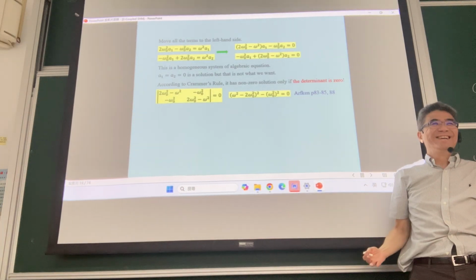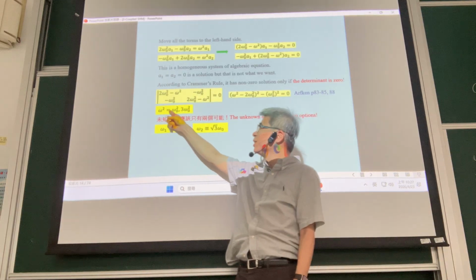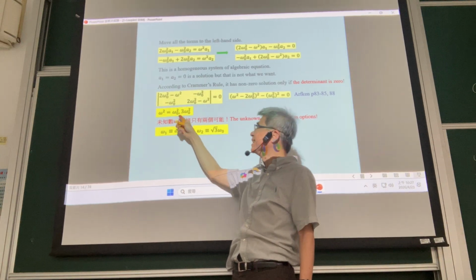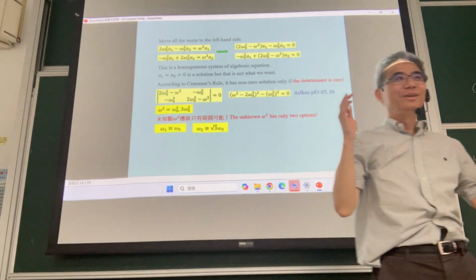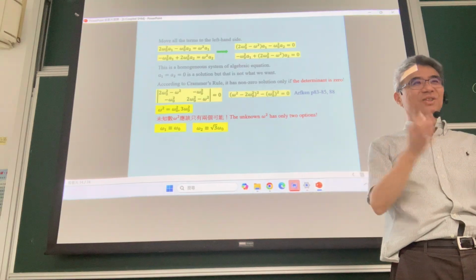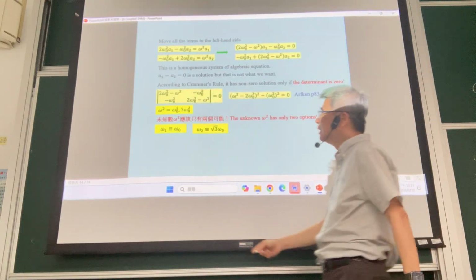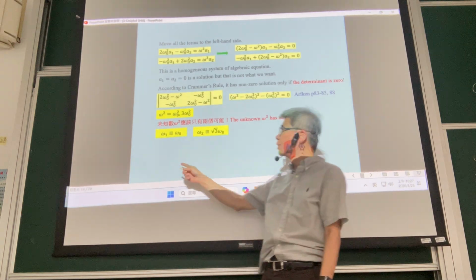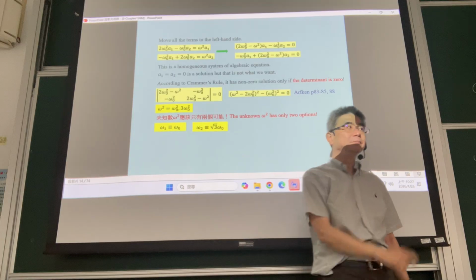It could be solved so easily. Omega squared could only be omega 0 squared and 3 omega 0 squared. Done. So the unknown is now known. Omega could only be omega 0 or the square root of 3 times omega 0. Otherwise, you don't have solution.